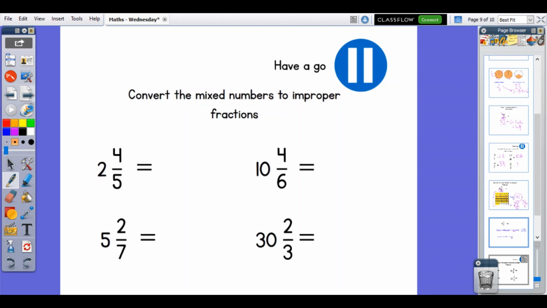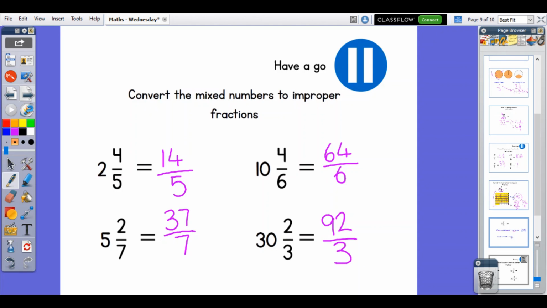Okay, so you should have found that 2 and 4 fifths gave you 14 fifths, 5 and 2 sevenths gave you 37 sevenths, 10 and 4 sixths gave you 64 sixths, and 30 and 2 thirds gave you 92 thirds. Nice and easy, hopefully you've got that.